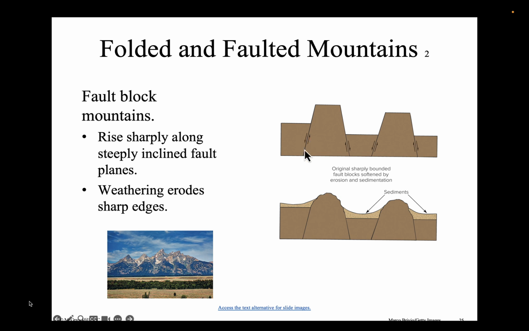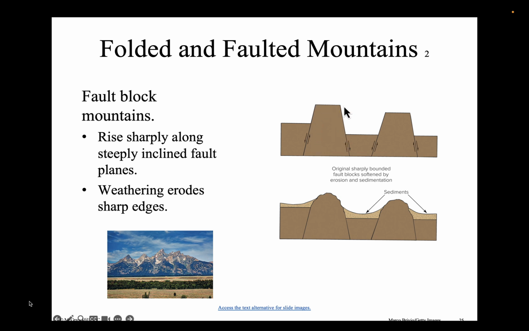And if those blocks rise above the relative ones on their side, then that creates a mountain essentially. I think it's very intuitive to think how a fault would create a mountain, and we call that fault block mountains essentially, just because of their shape.